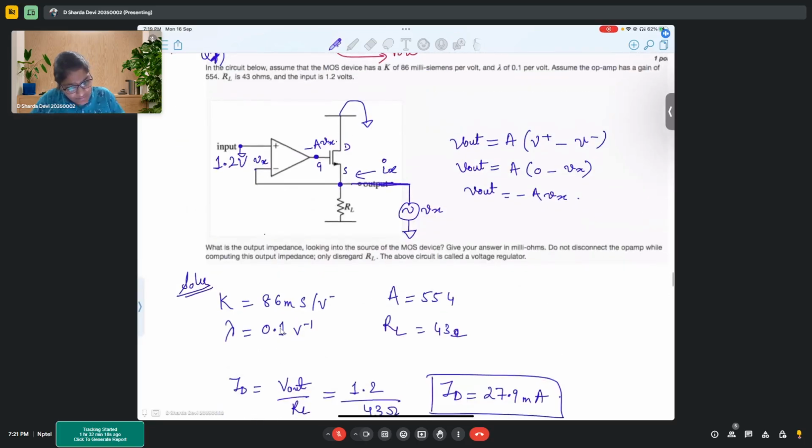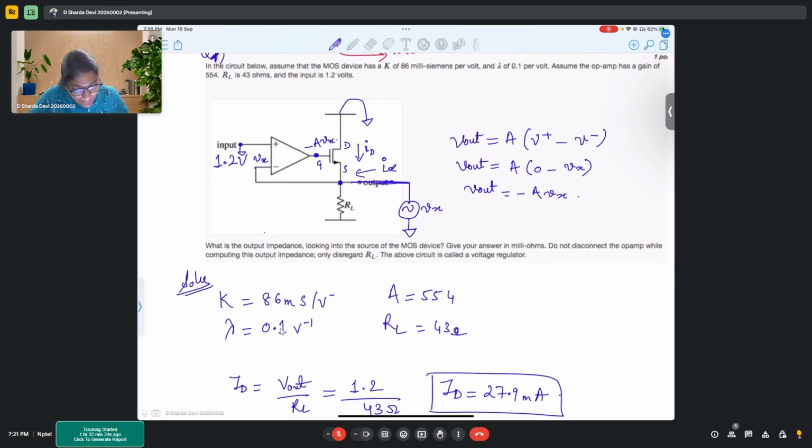Now, if we observe very carefully, ID is coming from here, right? And here, considering that there is no current flowing inside the op-amp, like input terminal of op-amp will not have any current.